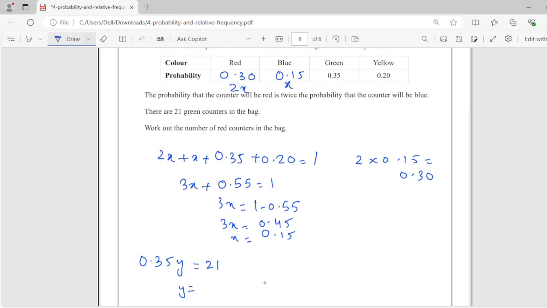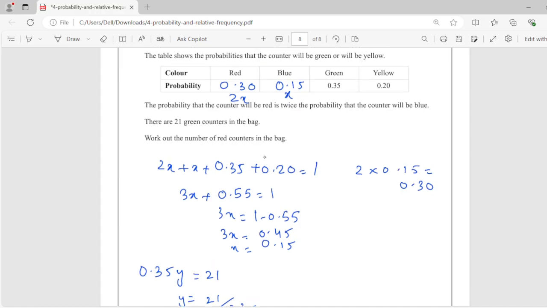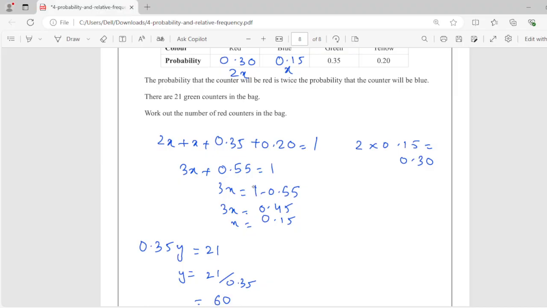Y is 21 over 0.35, which is 60. The total number of counters in the bag is 60.